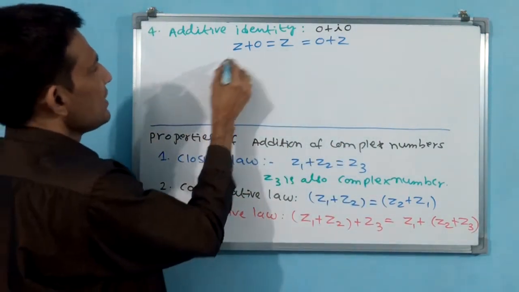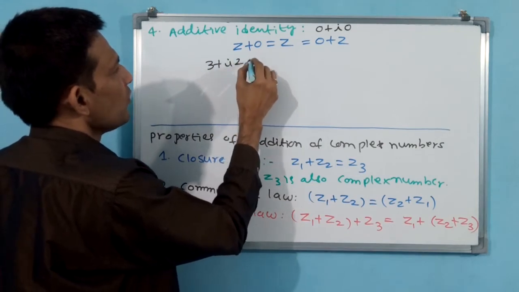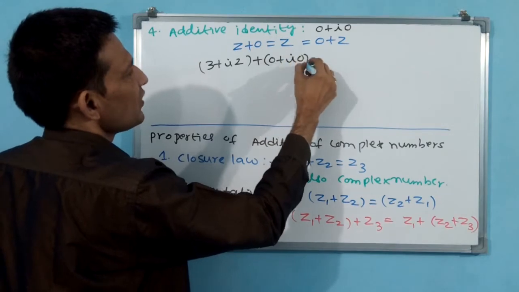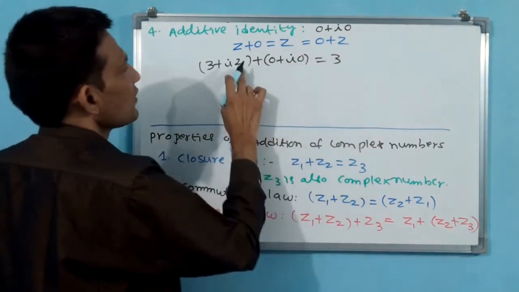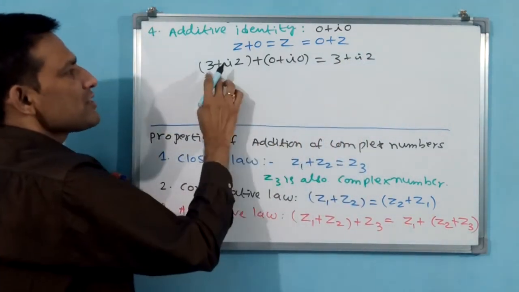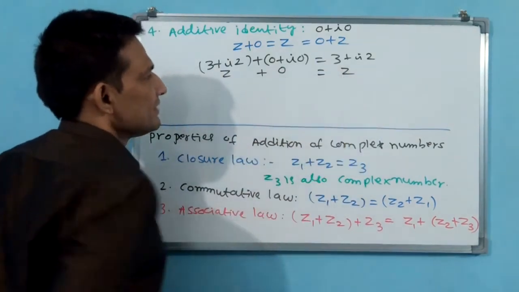Say Z is 3 plus i2, plus 0 plus i0. 3 plus 0, 3. 2 plus 0, 2. Same number has come. Z only has come. This is Z plus 0, that is equal to Z.